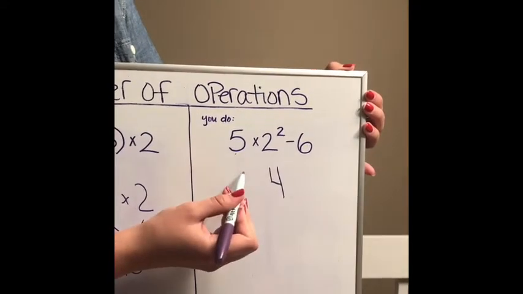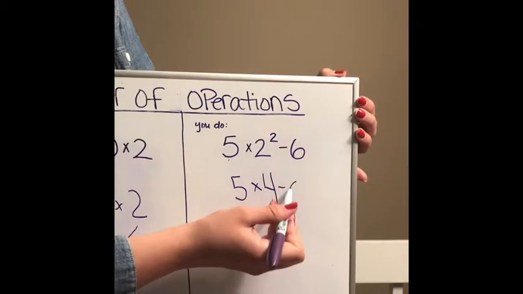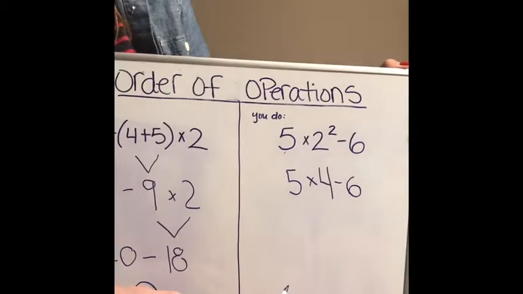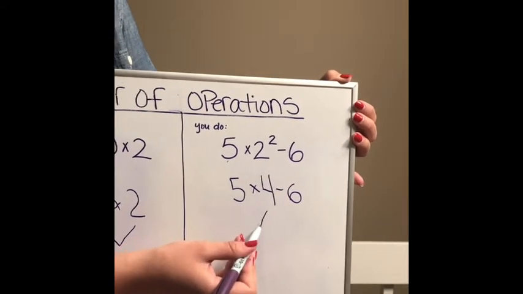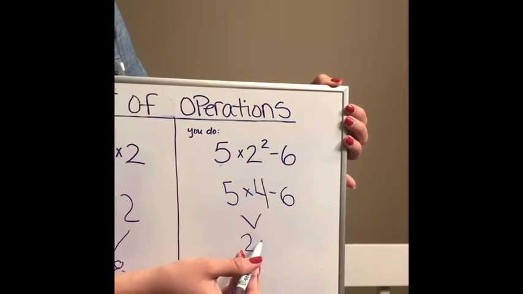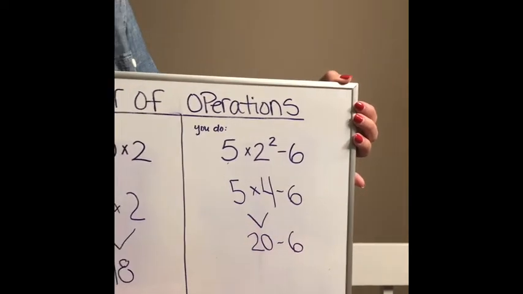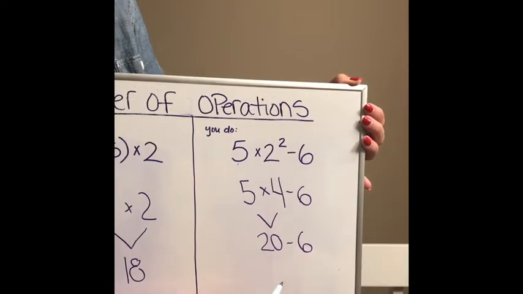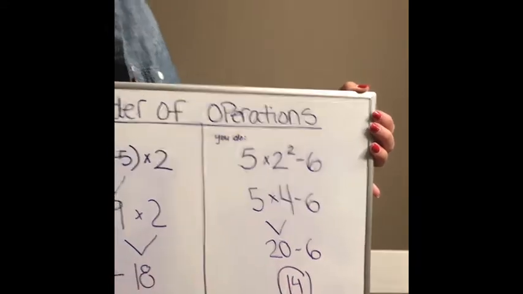Good. And then I brought all the other stuff back down. Good. And then please email my dad, which is multiplication, so multiply the 5 and the 4 to 20, and bring the 6 down. And then subtraction equals 14. Awesome job, you got it.